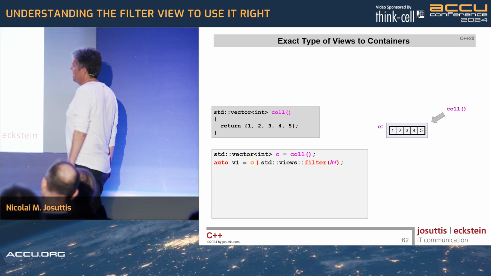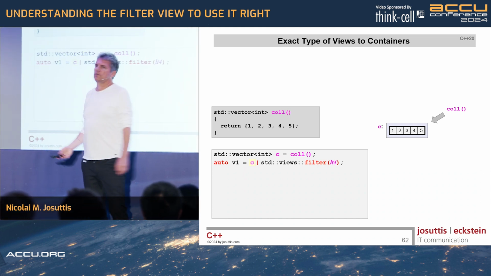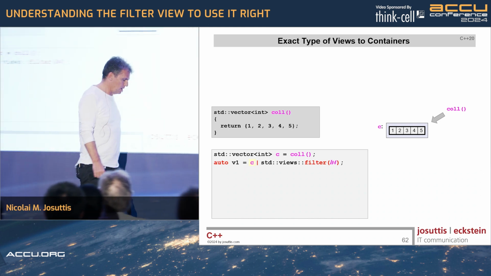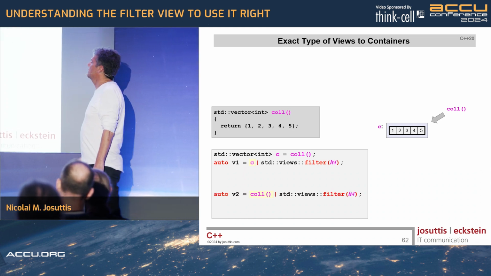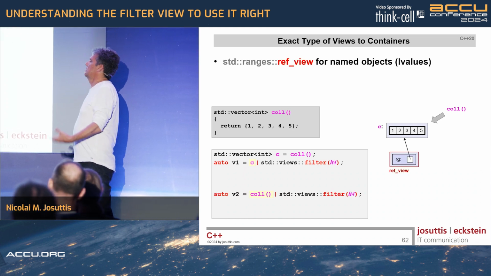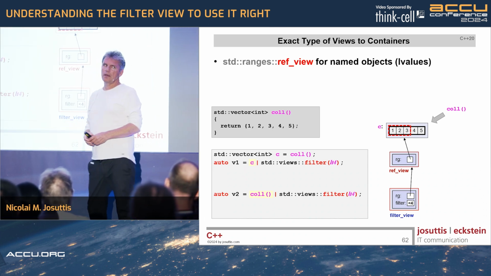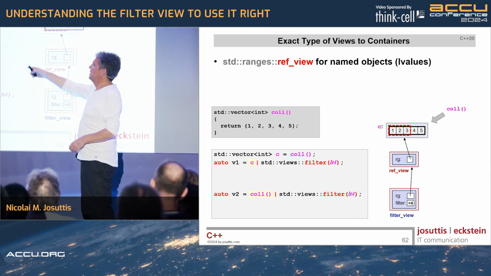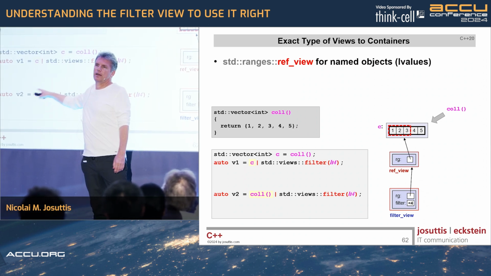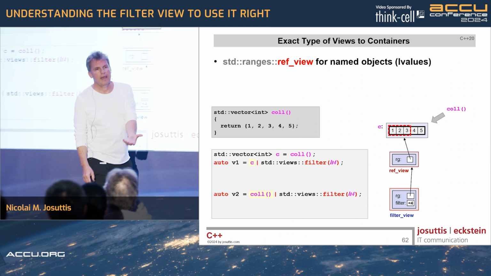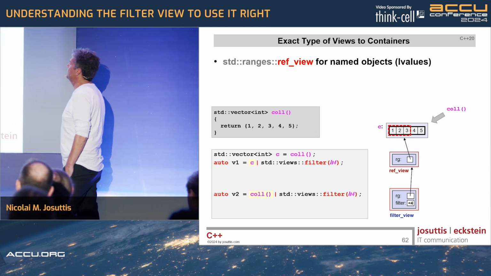So when we initialize a filter on an L value, so on a container or on a range that's there, we can easily say, oh, you know what, this is just referring to the underlying container. We cannot do that if that is a temporary object, because the temporary object will die at the end of this statement. So in that case, we do something different.